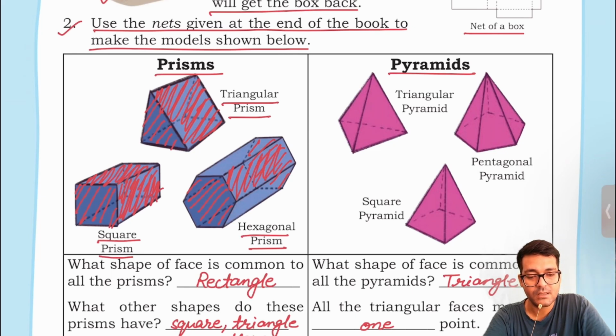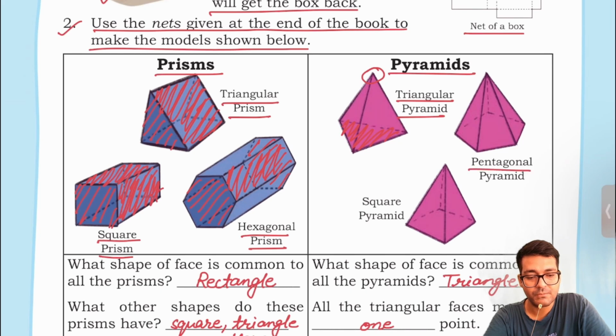Whereas in pyramids, except one face, all faces are triangular in shape and meet at a single point. In a triangular pyramid, the base is triangular in shape and all other faces are triangular and meet at a single point.